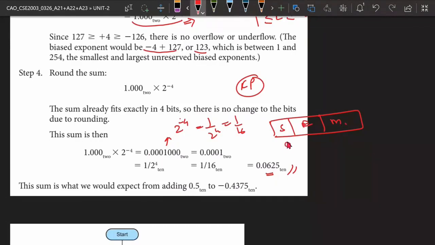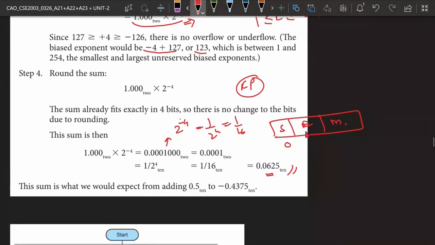The exponent comes out to be 123, so we will represent 123 in binary form. And the mantissa comes out to be 000, so we will represent 0000 up to 23 digits. This is the representation of the result in floating point.